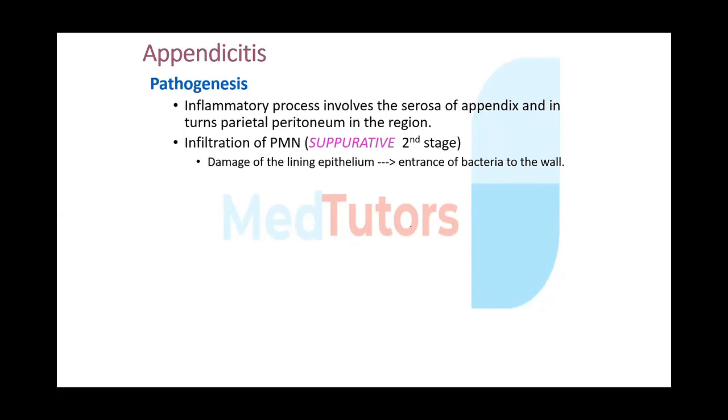So there is suppuration in the second stage of the pathogenesis. So you see initially there is congestion, this progresses, and the subsequent suppuration after infiltration by white blood cells. Okay, so there is damage of the lining epithelium, and you have entrance of bacteria to the wall.